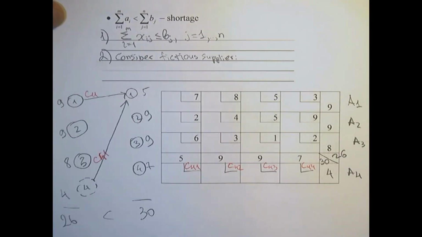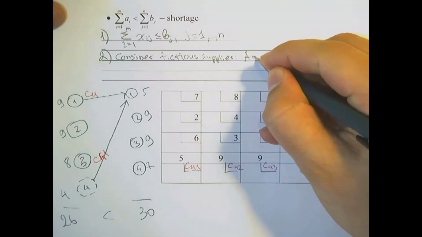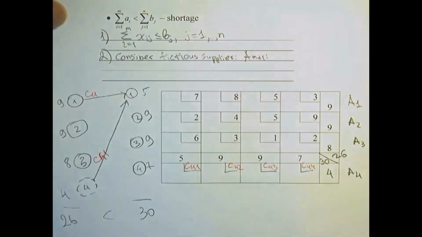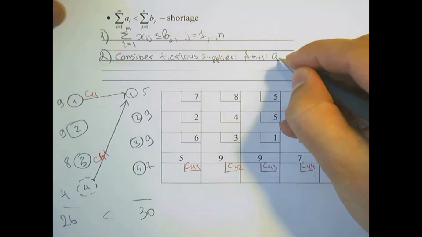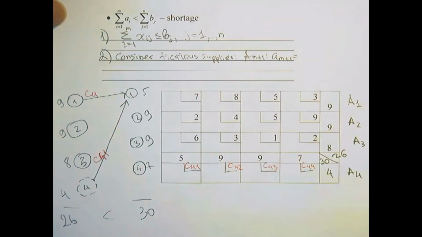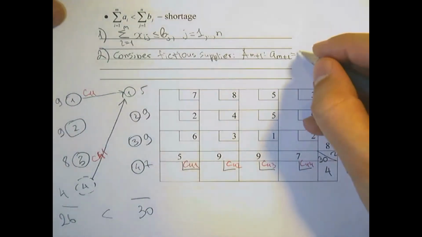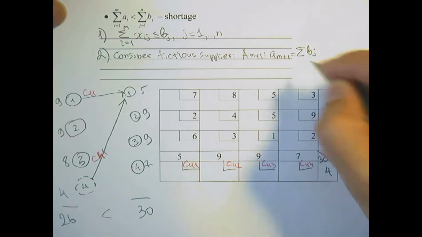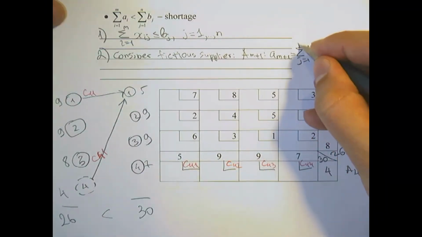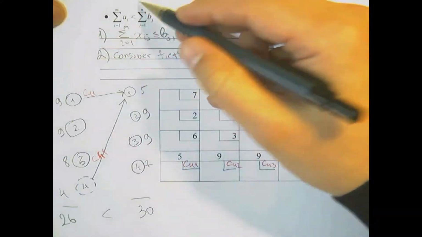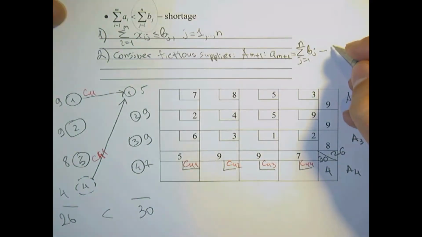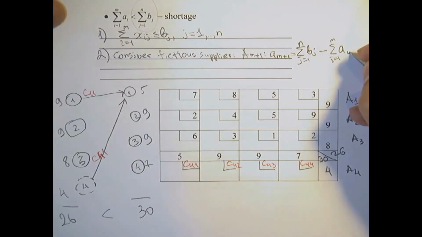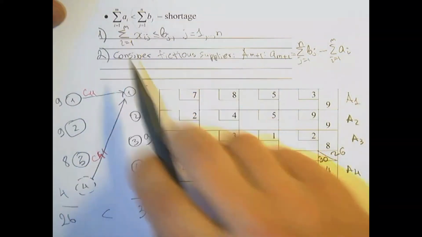And the fictitious supplier is number m plus 1, and the supply volume for this one is the difference between the sum of b_j when j runs from 1 till n, so this is the right hand side, minus the sum for i running from 1 till m of a_i, so it is the left hand side.